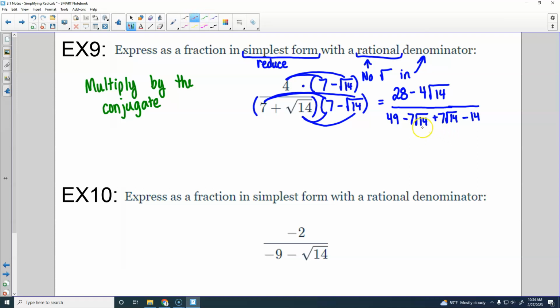Okay, and so what's going to happen every single time is these two middle terms should cancel out.